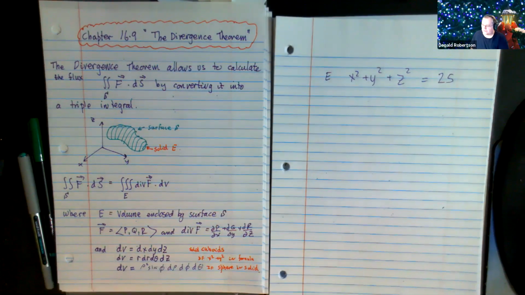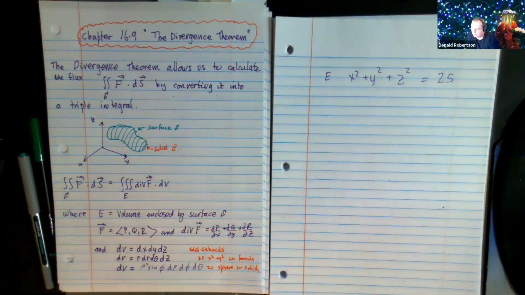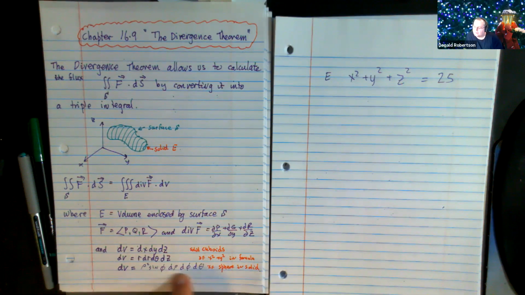Imagine the solid is a sphere. If you see E and it's a solid, you know, it's a sphere, then that means we're going to have to do the spherical coordinate system, right? So although we haven't done one, can you imagine it's going to be easy to tell the situation where that's going to happen.